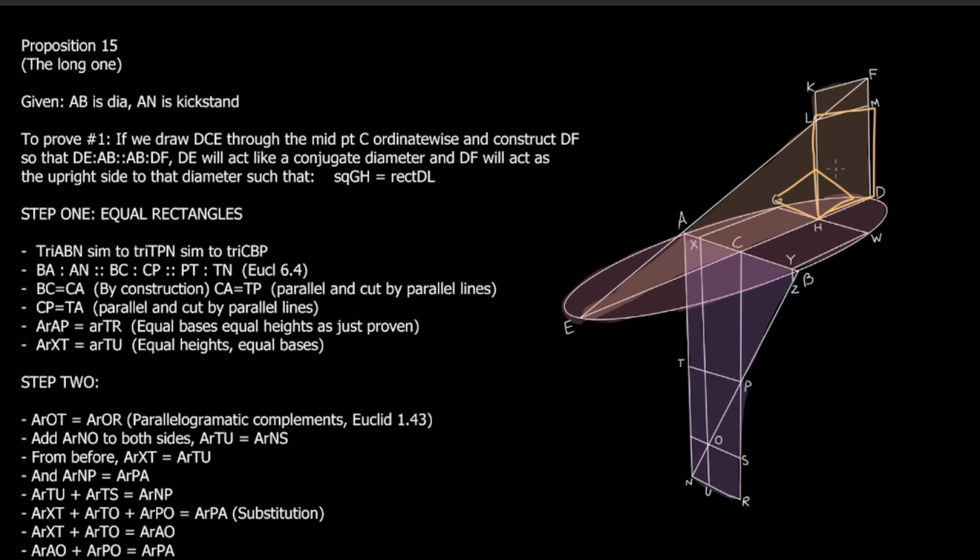But we would only know that, and in fact we only know if it's even a diameter and if this is even considered an ordinate, if it's drawn ordinate-wise, if GH, when drawn through it, is cut by the section so that GH is equal to HW. So that's the next thing that we need to prove, and if we do prove that, then we would prove that DE is a conjugate diameter to AB, sort of by definition. So we have 1/2 the proof.